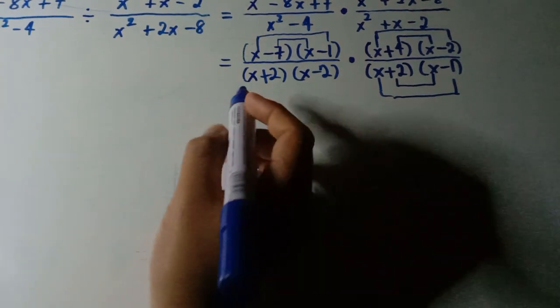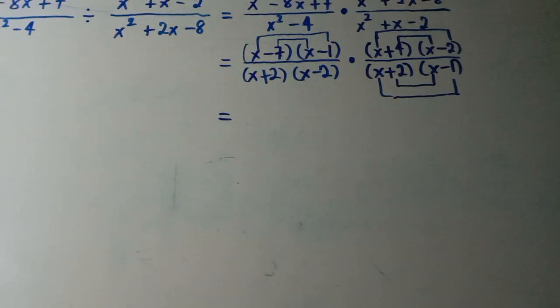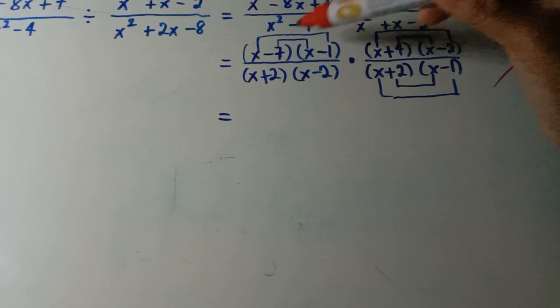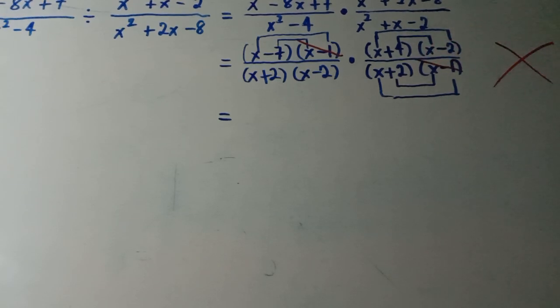Okay, pagkahuman, ang sunod atong buhaton kay mag-cancel ta sa mga factors. Mag-cancel out ta sa mga factors by cross multiplication. So in this case, cross multiplication ha, cross multiplication. So in this case, naa ba cancel? Naa. X minus 1 o x minus 1.